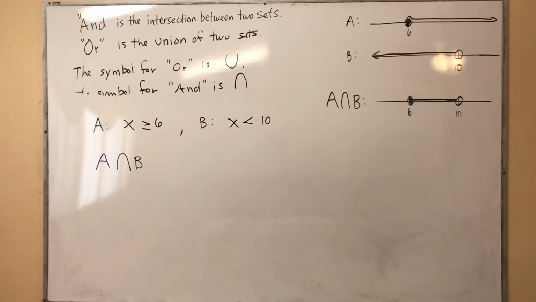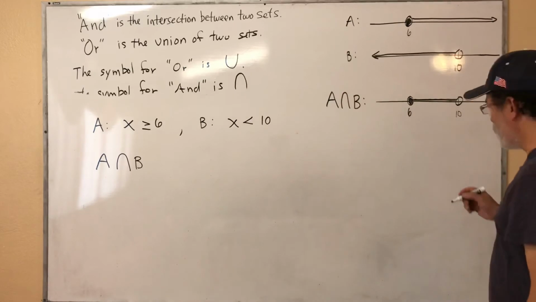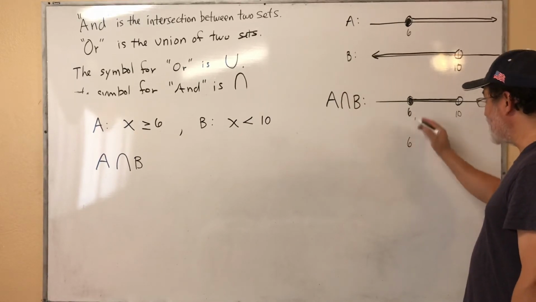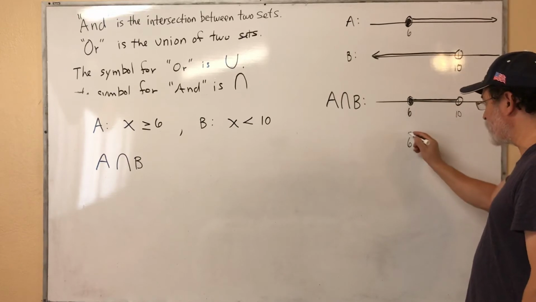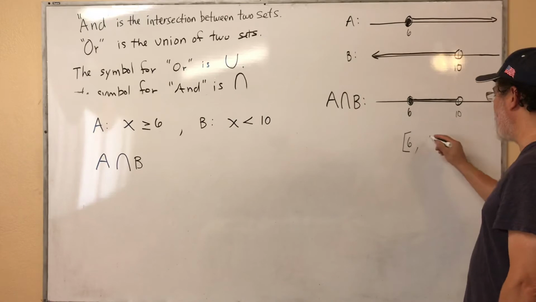Excelente. How about interval notation for the intersection? Well, the interval notation is going to be 6, including, so you better use a bracket, all the way up to 10.